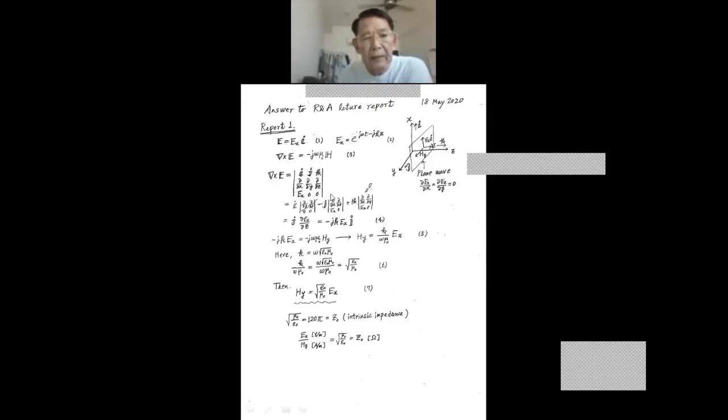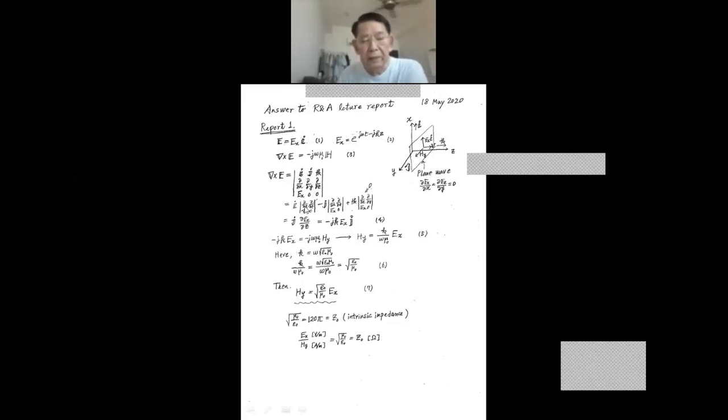So calculate this matrix. Then we can obtain for the I component this small matrix, and minus J this matrix, and K this matrix.